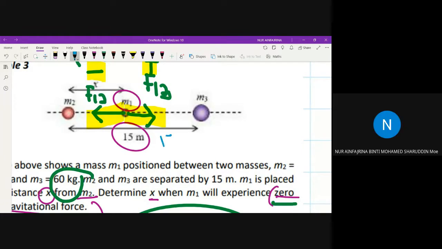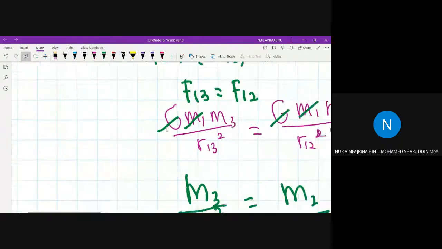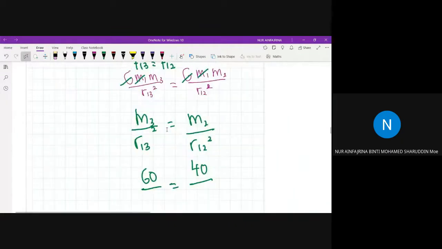Very good. Kenapa 15 tolak x? Sebab kita tahu distance from 2 to 3 adalah 15 meter dan distance from 2 to 1 adalah x. So kalau kita nak cari distance from 1 to 3, kita akan ambil 15 tolak dengan x. So kita tulislah dia adalah 15 tolak x.